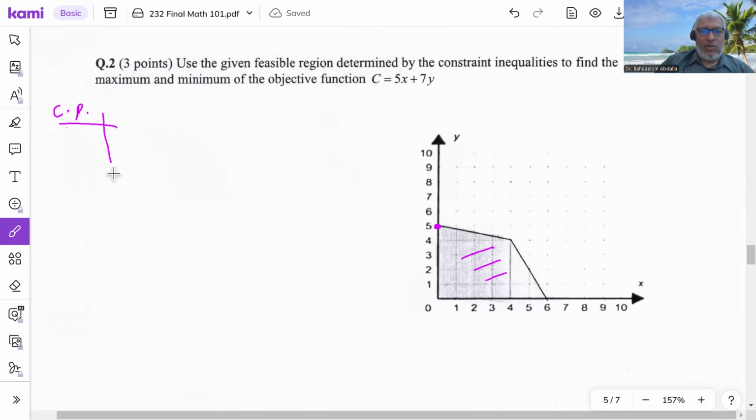So corner points, I have 5. This point 0 and 5 is a corner point. 0 and 0 is another corner point. This point is a corner point, which is 6 and 0. And this point is a corner point, which is 4 and 4.